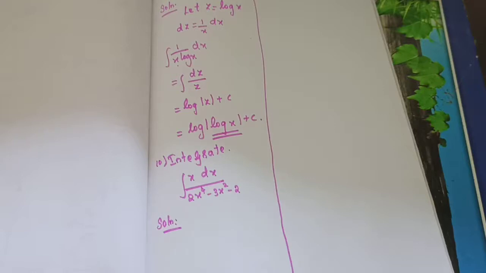In the numerator x dx is there. When you take z as x, then when you find dz, it will be dx alone, we won't get x. So when you take x square as z, when you differentiate you get 2x dx, and from that you can find the x dx value.